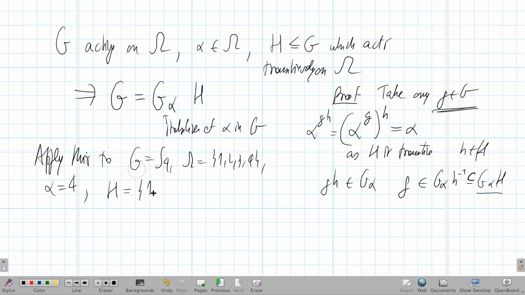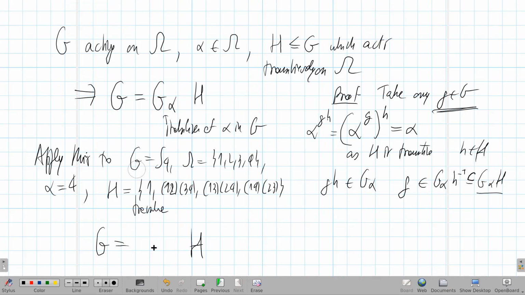It's this subgroup here, which is, of course, transitive, because you see that this group takes 1 everywhere: this takes 1 to 1, this takes 1 to 2, this takes 1 to 3, and this takes 1 to 4. So this is transitive.